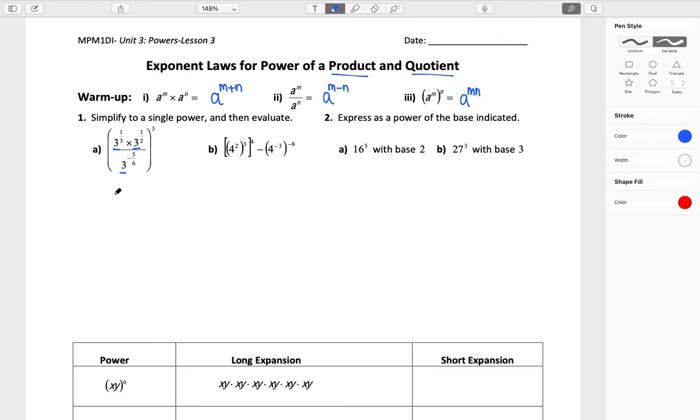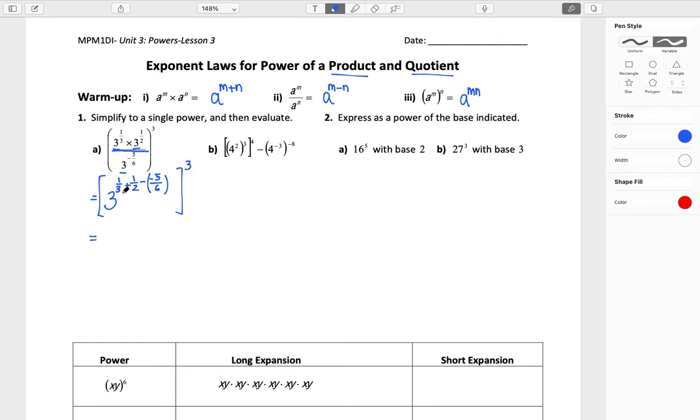So we can apply the exponent law. Because we're multiplying, 1/3 plus 1/2, and then because it's dividing, we subtract negative 5/6. And then we have the exponent 3 outside the bracket.